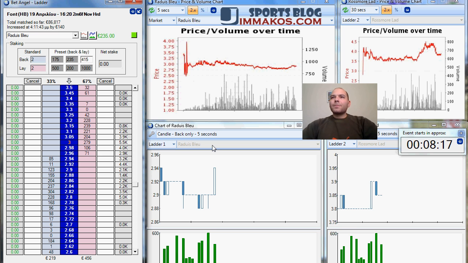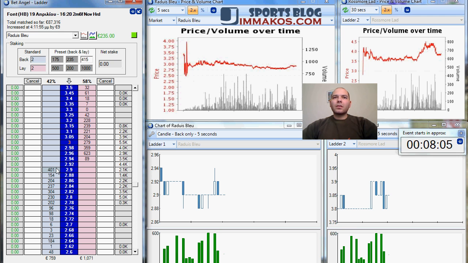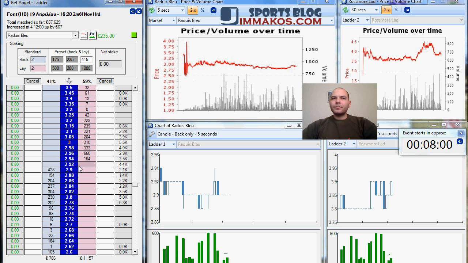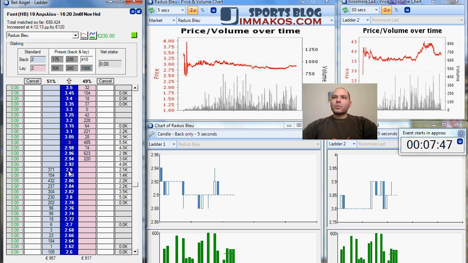Now my plan regarding the first horse is to find an entry to back the horse. That's why I'm placing the mouse pointer on the blue side. However, the liquidity of the horse race right now, with 8 minutes prior to the start, does not allow me to place a bet without moving the market considerably.